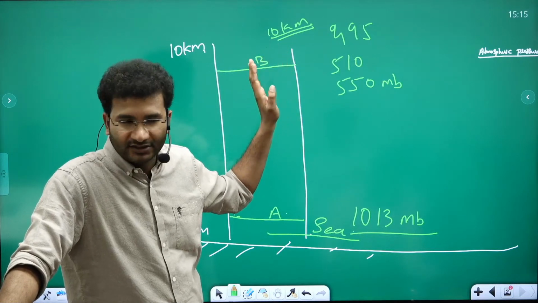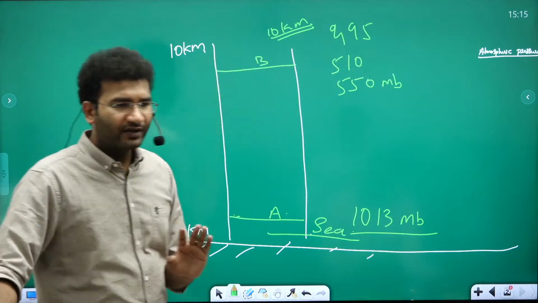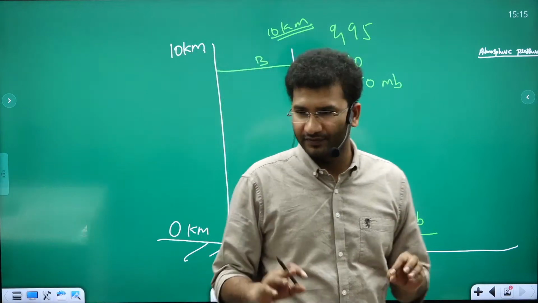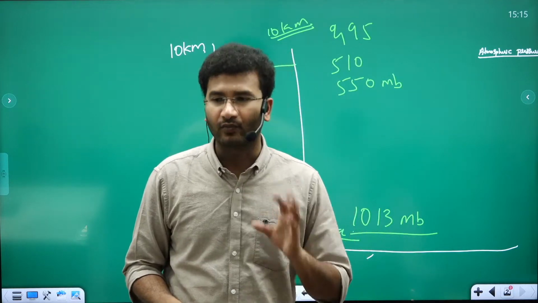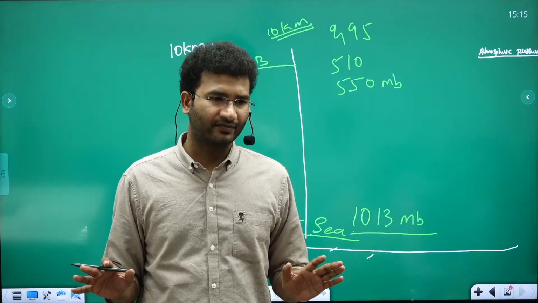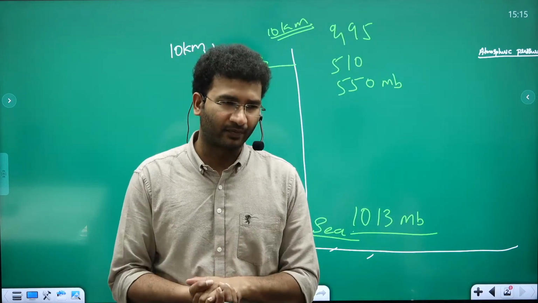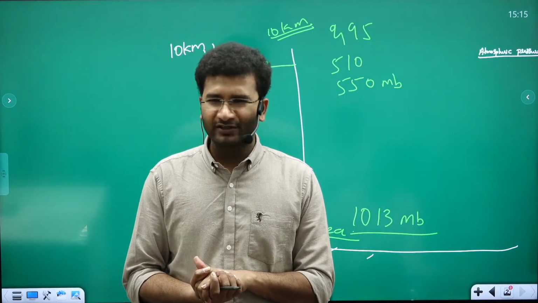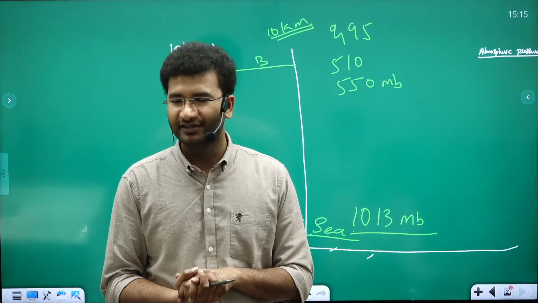Right? Now see, there are two different kinds of pressures which you can study in geography. That is vertical pressure and horizontal pressure. The difference between vertical pressure and horizontal pressure is what we need to know. So, you must have studied that wind moves from high pressure regions to low pressure regions.